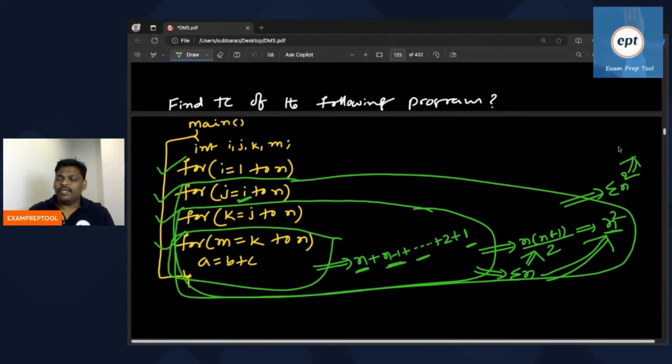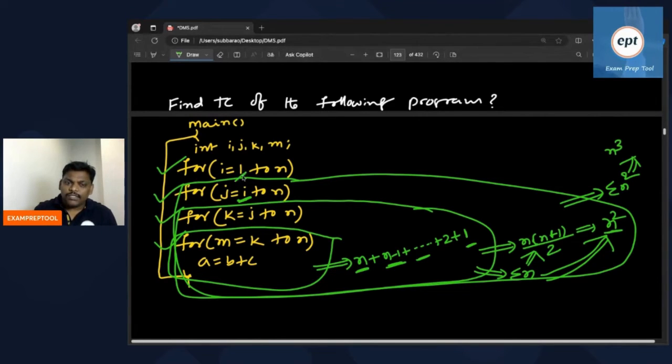It became n into n plus 1, 2n plus 1 by 6. The bigger term became n cube. Let me write once again. Here the bigger term became n cube. The sum of n natural number squares formula is n into n plus 1, 2n plus 1 by 6, and the bigger term is n cube.